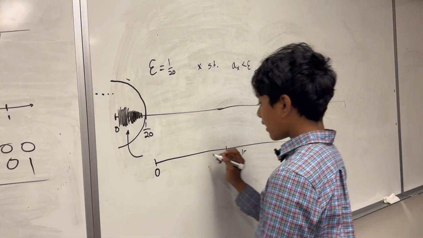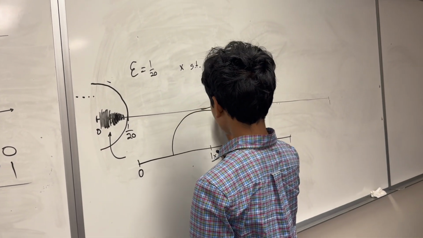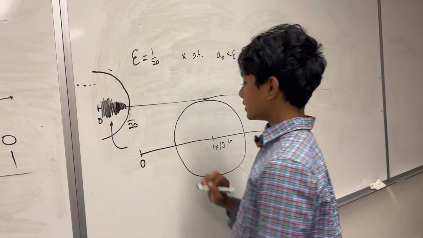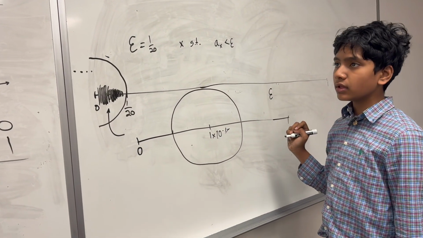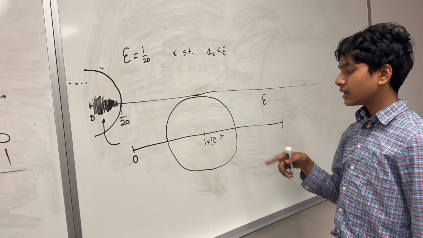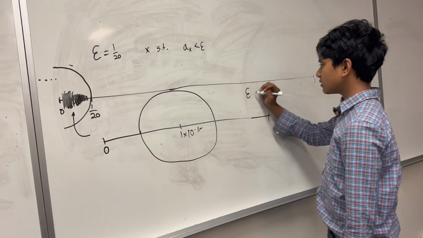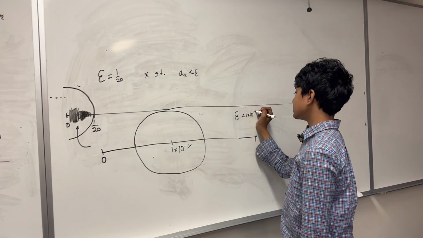Well, now when we draw this neighborhood, epsilon can be a real number which is less than 1 times 10 to the minus 17. What does that mean?